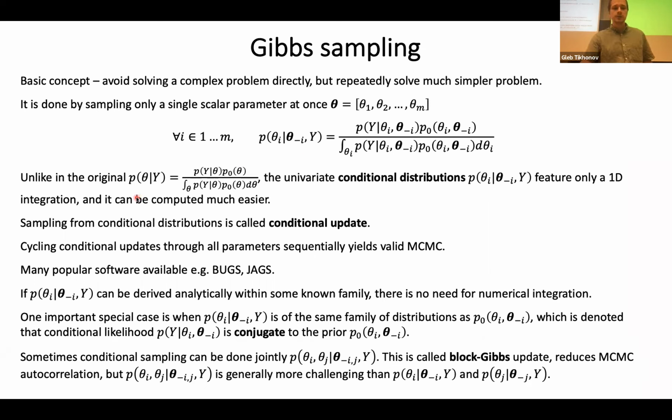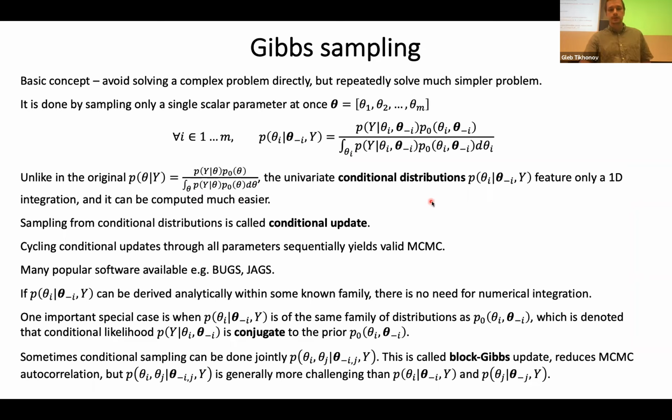So unlike the whole posterior, this is a univariate conditional distribution. It features only one-dimensional integration in its denominator, and thus many numerical techniques for approximate integration can be applied here. Sampling from such a conditional distribution is called a conditional update, a term which often appears in HMSC related terminology.